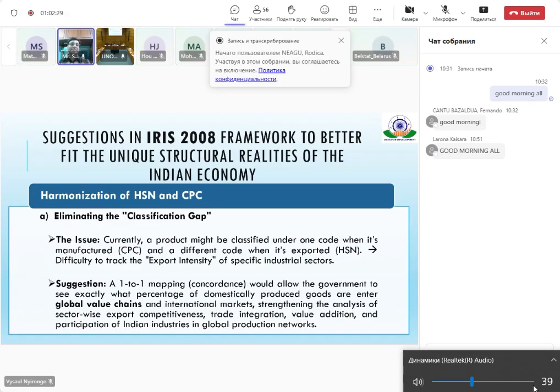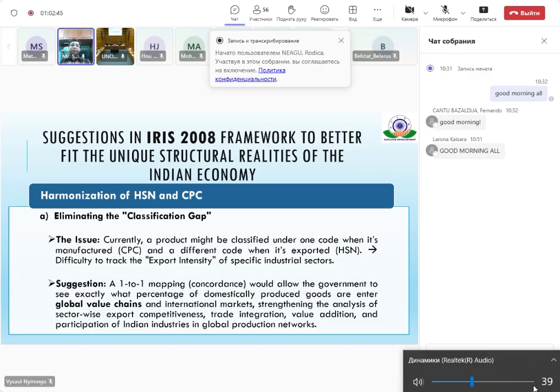Harmonization of the HSN and CPC. On the first day, Marky pointed out a very important part, because most countries look into traded items because of harmonized systems.